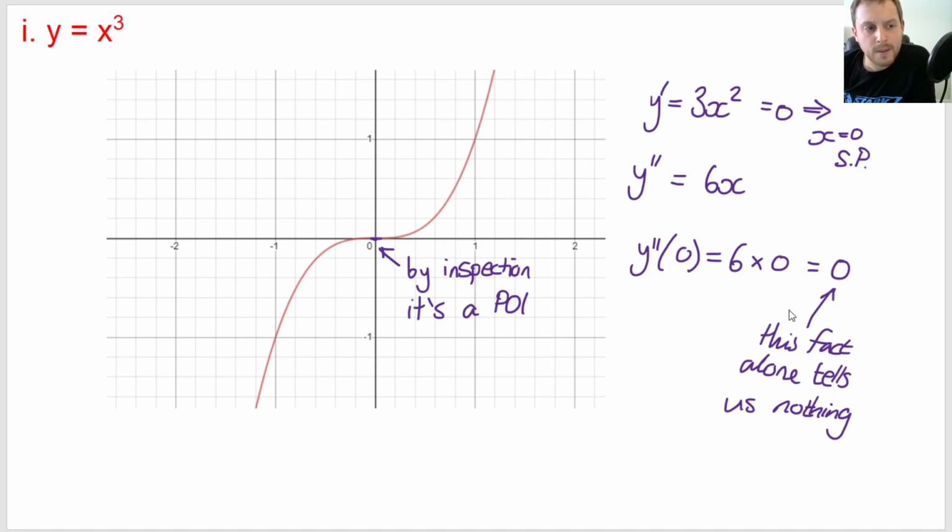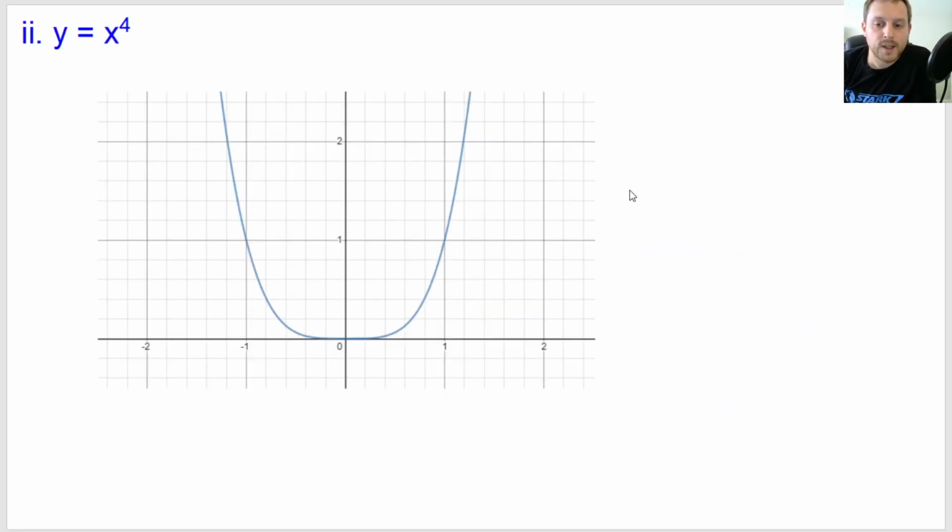Okay, let's see what happens if y equals x to the power of 4. I'm going to repeat the same idea. We're going to get slightly different derivatives, obviously, but we're going to see something different. So y is x to the 4. If I differentiate it, I get 4x cubed.